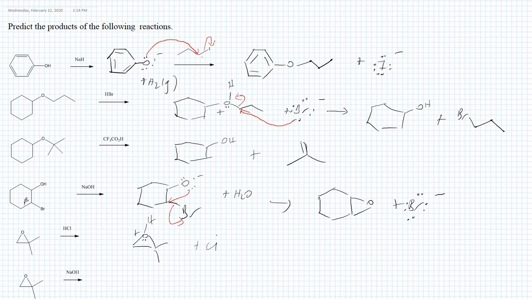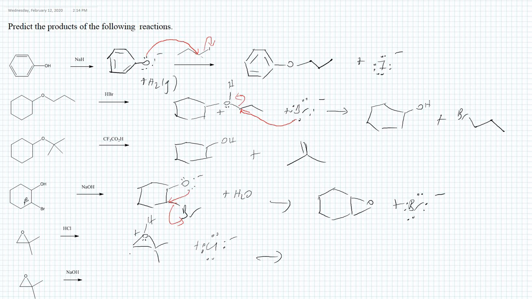Then we will have the chloride anion as a nucleophile, so we will have a kind of substitution reaction. We have two electropositive carbons, this carbon and that carbon. So which one is the nucleophilic attack site?